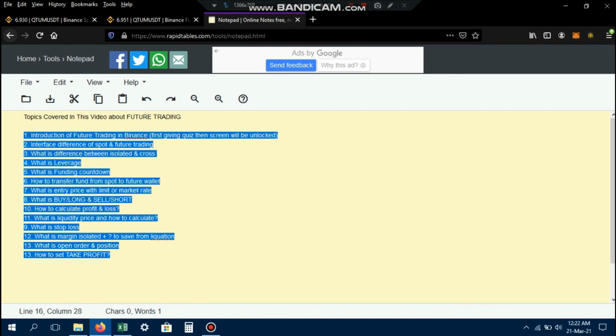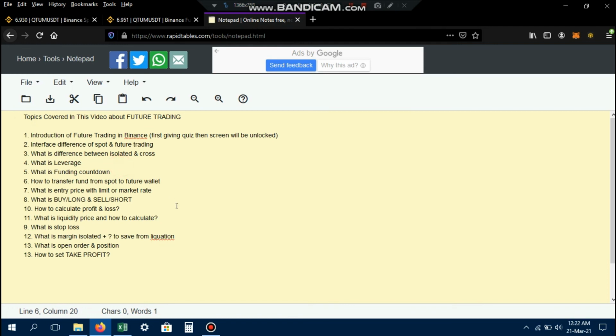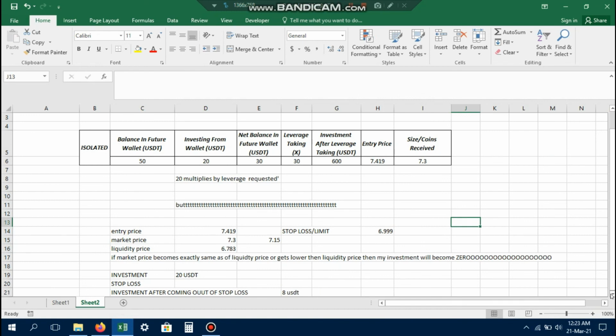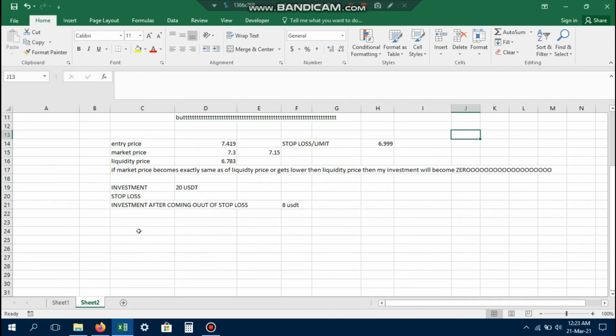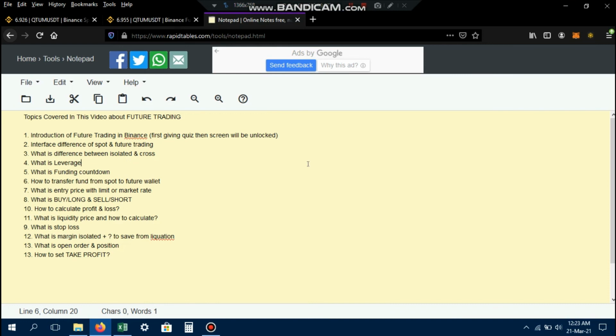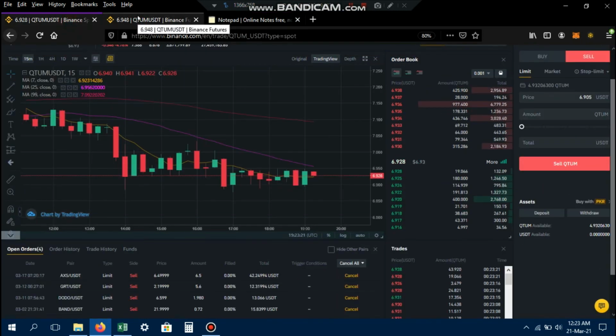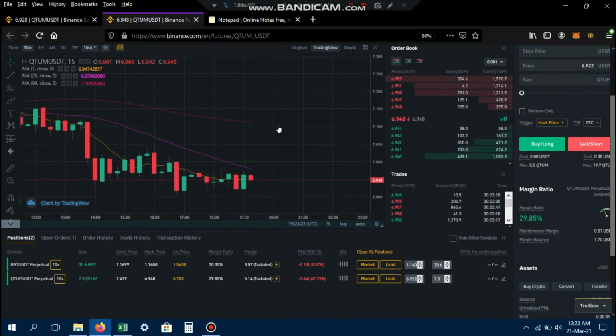You would have understood at least the basic information about how to trade futures on Binance. I would like to tell you again that futures trading is very risky, and with greater profit comes greater risk. So always be careful when you're doing futures trading. Please do proper analysis before doing any futures trading.